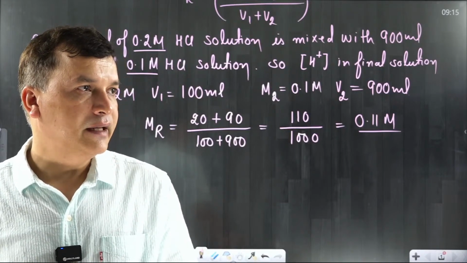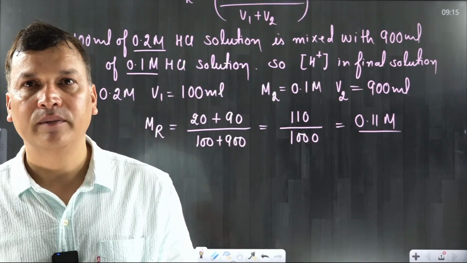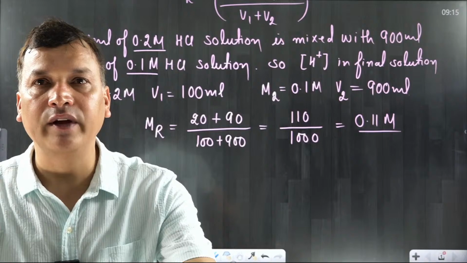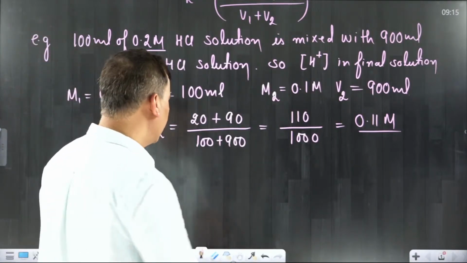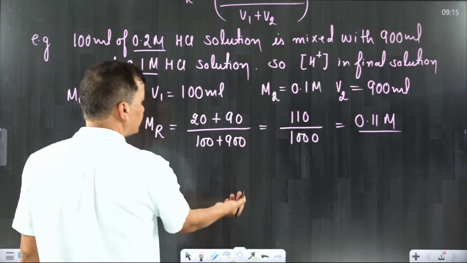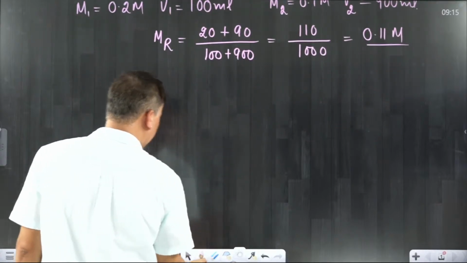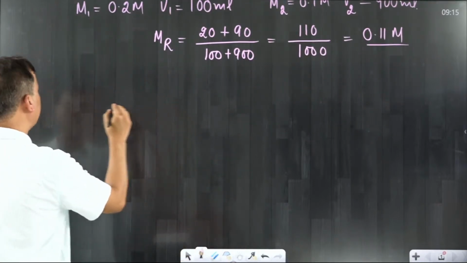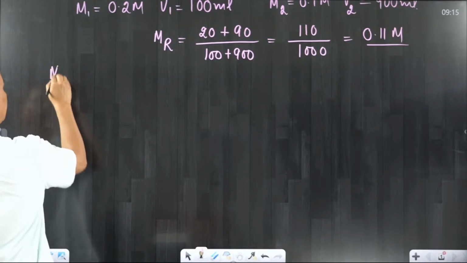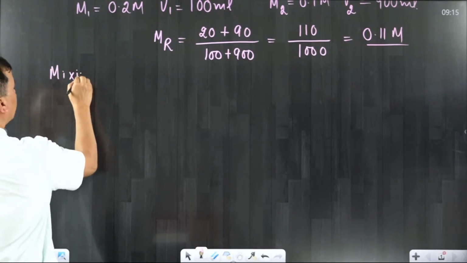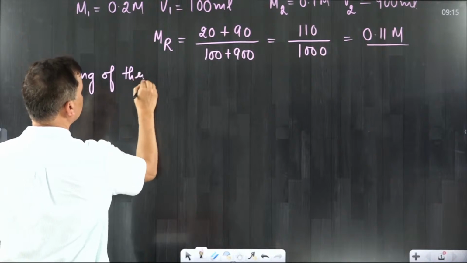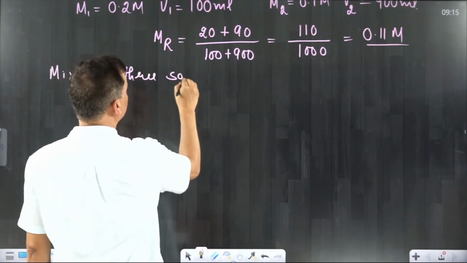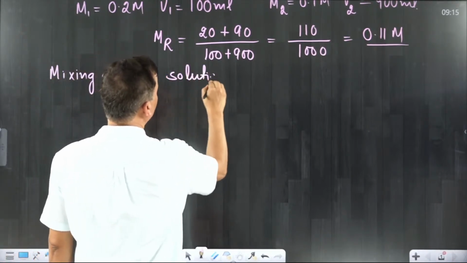Then I will write the next question. Here, how many solutions have we mixed? We have mixed two solutions. Now I am taking, if there is a mixing of three solutions, then what will we write?